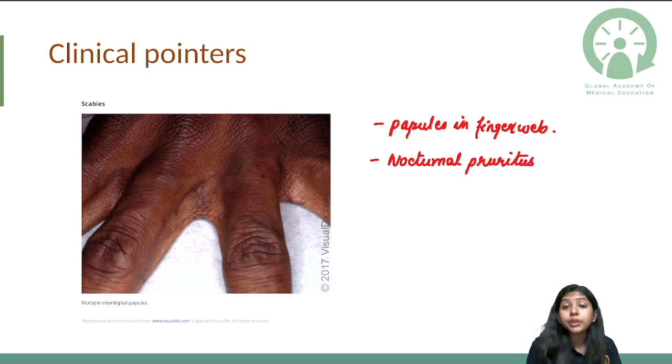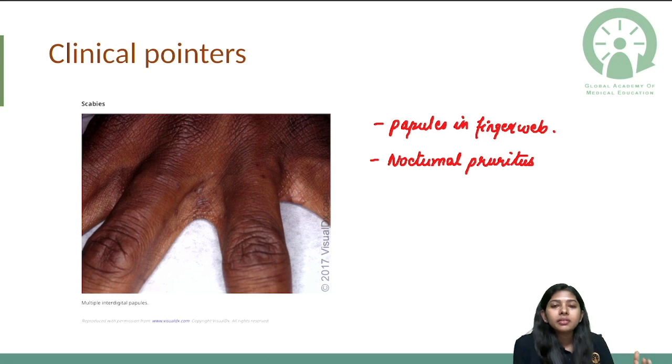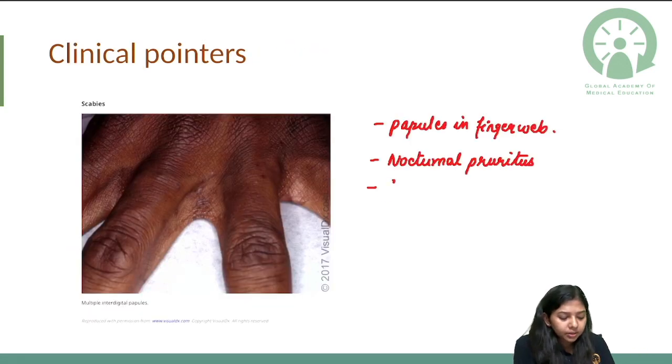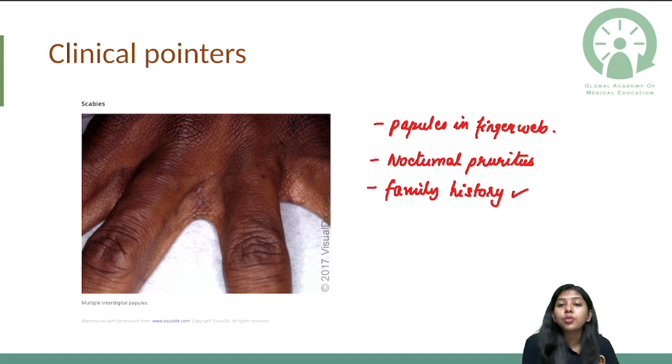The itching is going to be worse at night. So the itching is not so much there in the daytime, it's worse at night, and there is presence of family history. Usually you will have a family member, one or more, that is affected with the scabies mite.